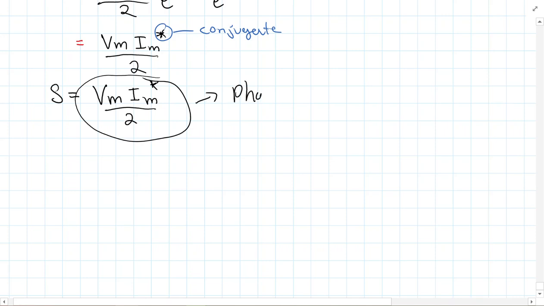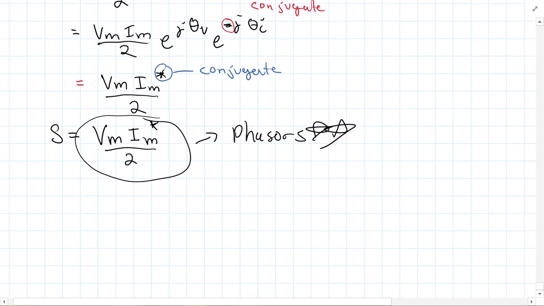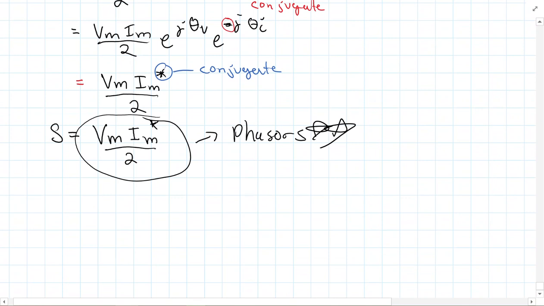These are phasors. I'm sorry, it shouldn't be Vm Im, and right here this shouldn't be either. This should just be capital V, capital I, because these are phasors.